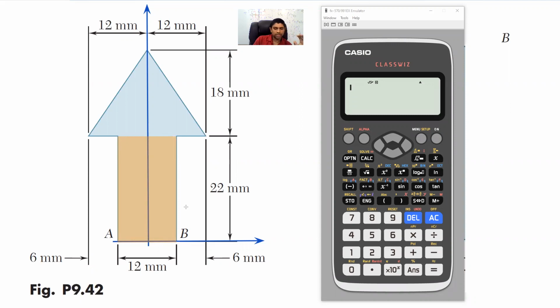Consider the sum of a triangle and a rectangle. For the rectangle, it is given in the calculator: 1/3 b h cubed, where base is 12, height is 22.